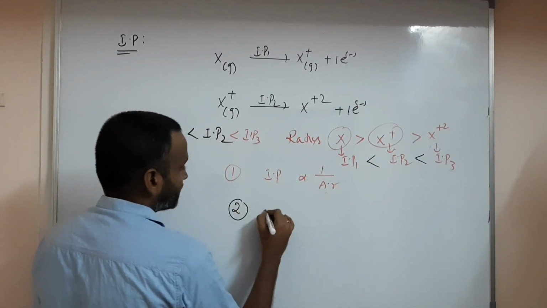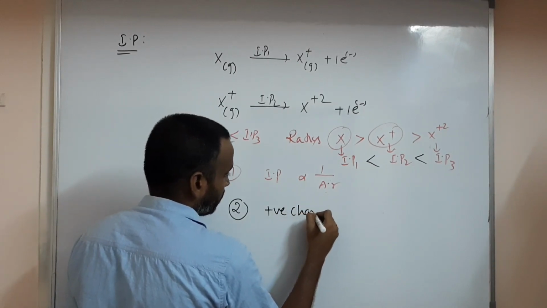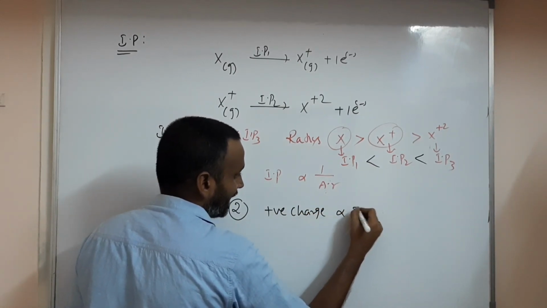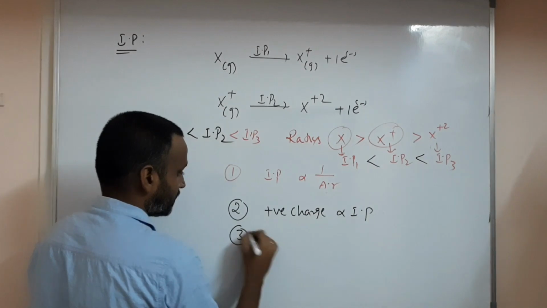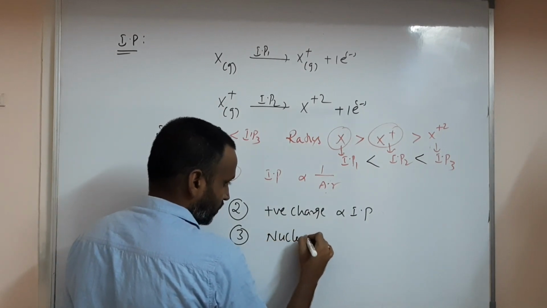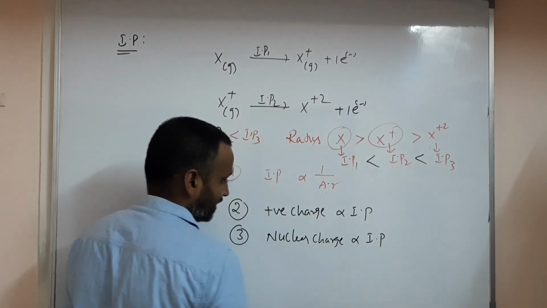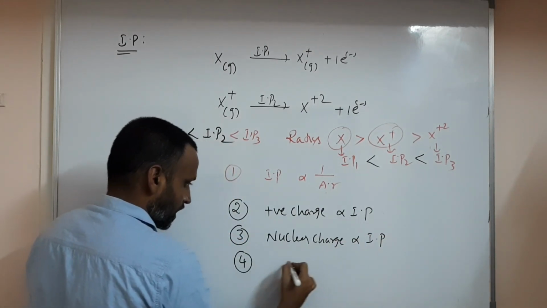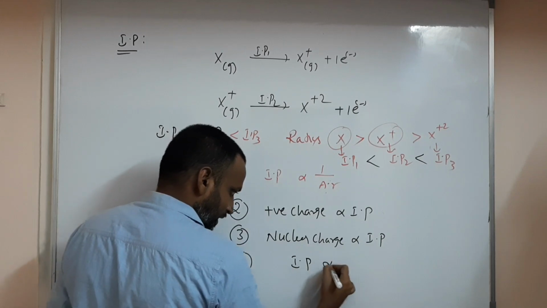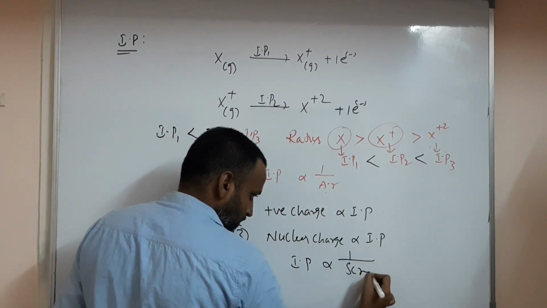One more: as positive charge increases, IP increases. Third factor: as nuclear charge increases, IP increases. And the fourth one: IP is inversely proportional to screening effect.